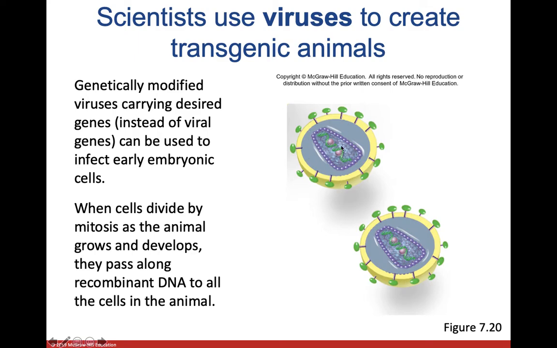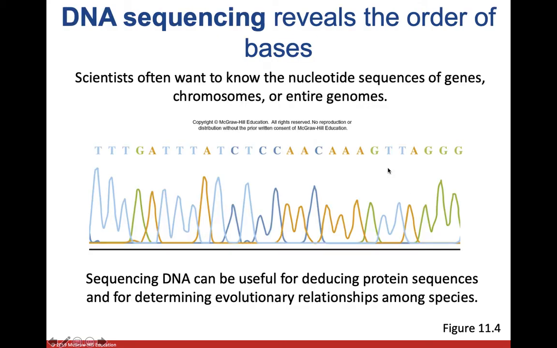You take the dangerous part of a virus out, put something good inside, and then you have a modified virus which can be used to do good things instead of bad things, which is super cool. And once again, since the cell is permanently infected, every single time that the new cell divides, the baby cells will now have that extra altered DNA inside. So this makes that permanent change again, the virus concept here.